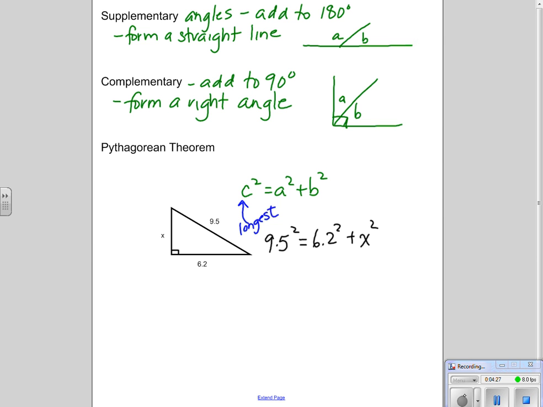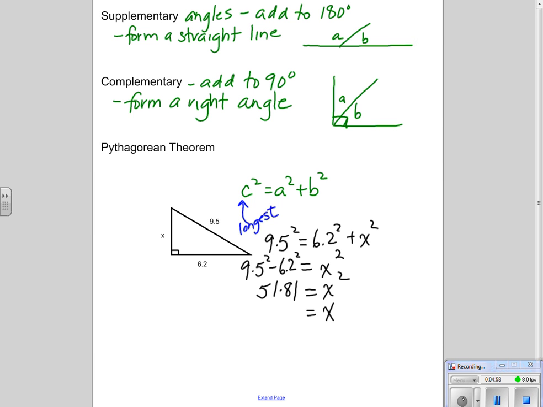If I want to solve for x, I need to get x by itself. So x squared, I have my 9.5 squared minus 6.2 squared, and I need a calculator. 9.5 squared, take away 6.2 squared on my calculator is 51.81. I haven't rounded yet, but I'm going to take the square root of both sides, and since I am considering a length, I don't have to think about the negative answer.